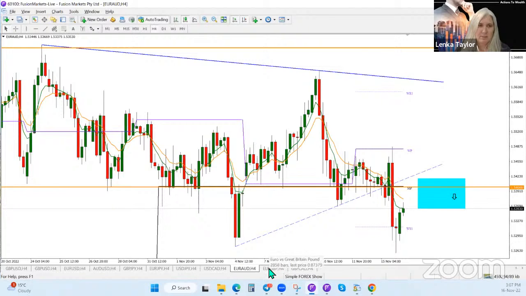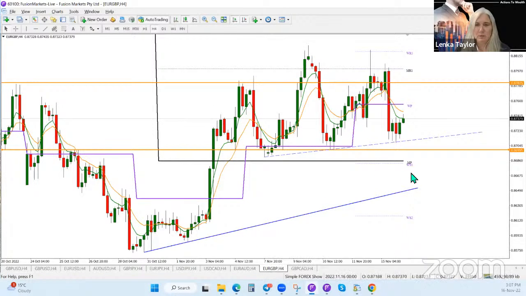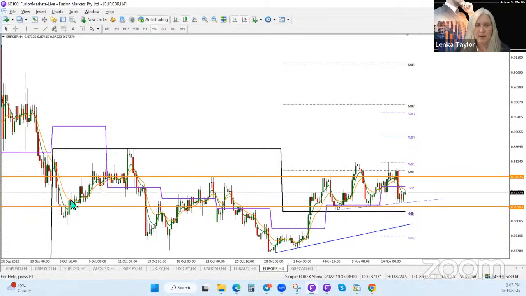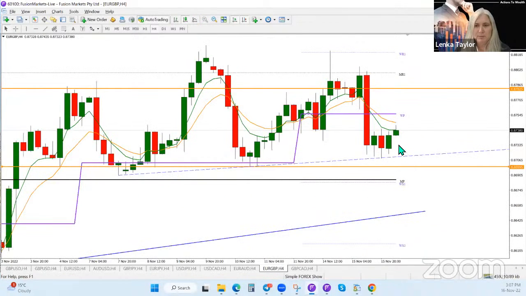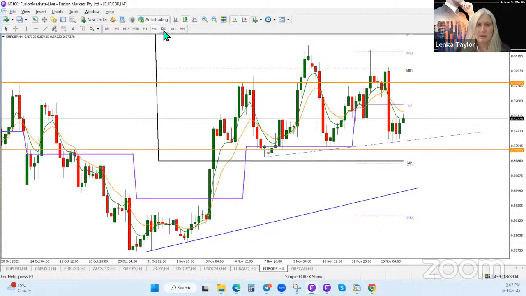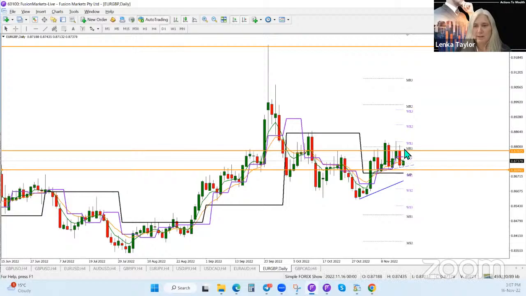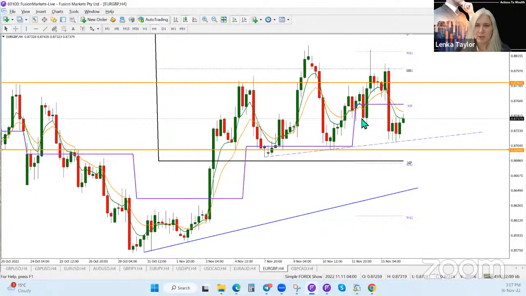The next currency pair I'm looking at is Euro GBP. And here I have basically price action going back within that previous channel. I don't think there is enough room to really trade that, especially with the weekly pivot being not quite in the middle, but basically being in the way. So I will not be trading this until the price breaks either above or below that channel.